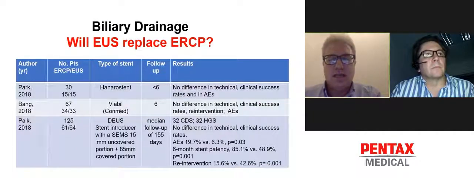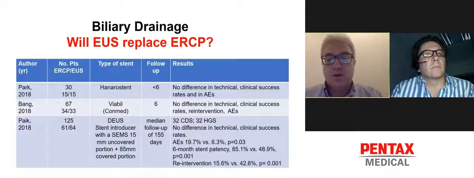It is a stent mounted on a stent introducer, a SEMS with a 15 millimeter uncovered portion inside the duct and an 85 millimeter covered portion, and it ends with a sort of flange similar to the LAMS, to avoid migration of the stent. They had 155 days of follow-up.